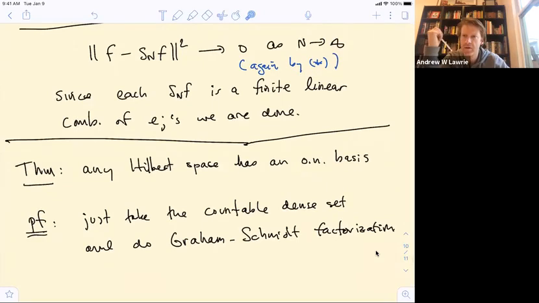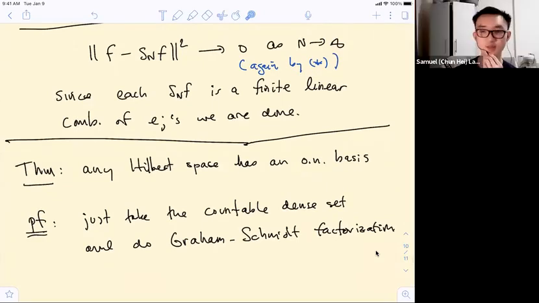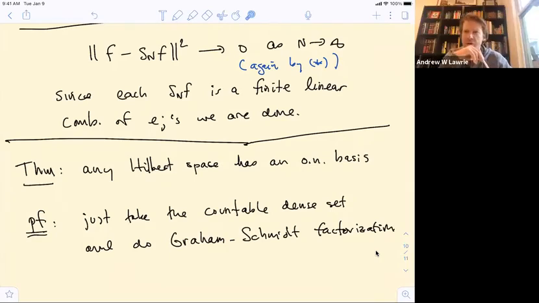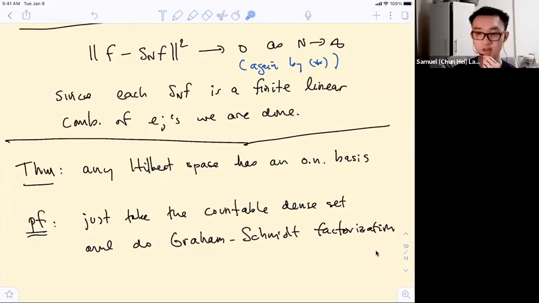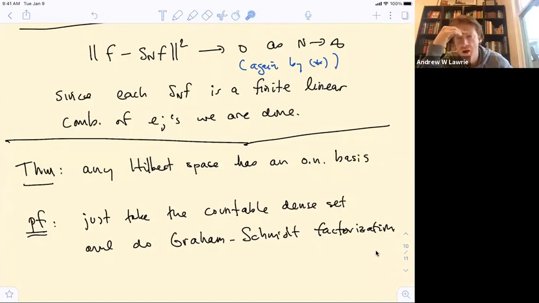I'm surprised, because you don't need to use the axiom of choice to prove any finite dimensional vector space has a basis, right?